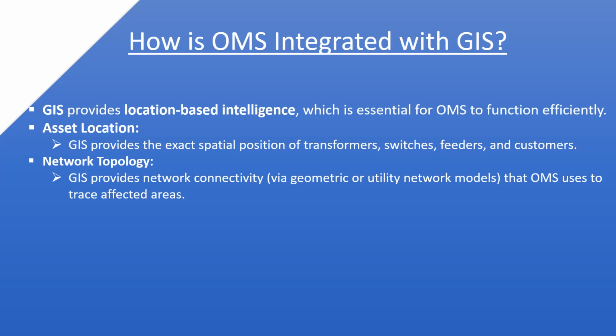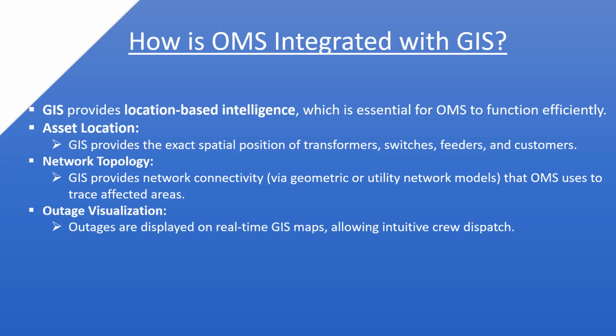Network topology: GIS provides network connectivity via geometric or utility network models that the Outage Management System uses to trace affected areas and customers.